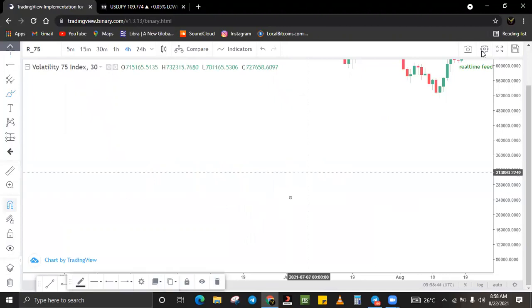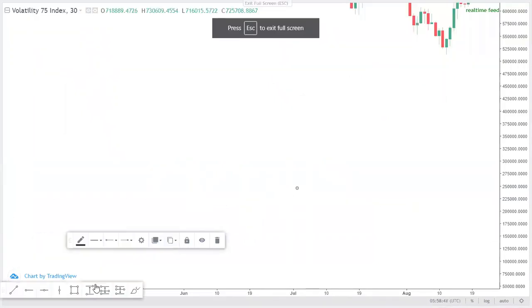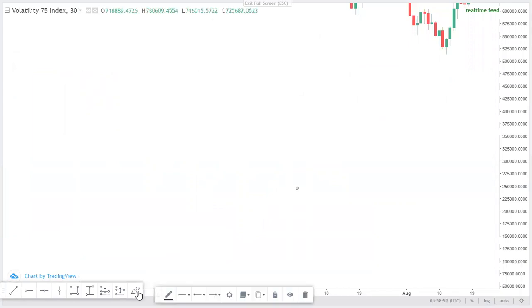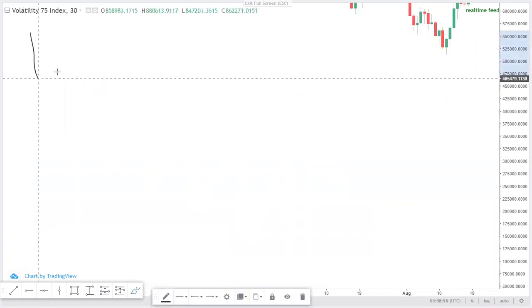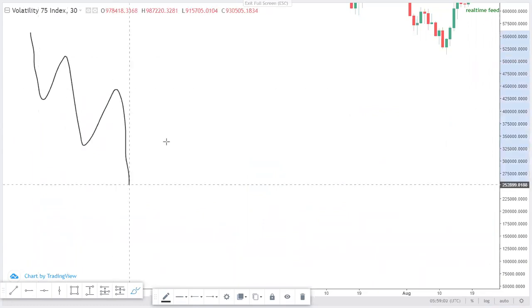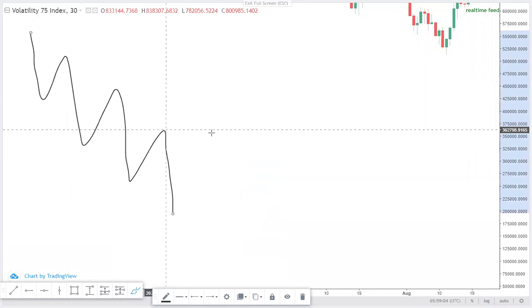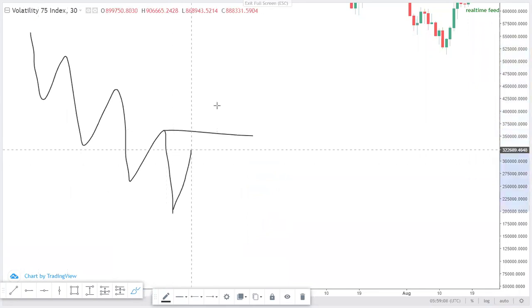Let me make it more clear. After this, I'm going to show you how it looks in charts. It looks a little bit different. So let's say we're in a downtrend, then the market has reversed and broken this structure right here.